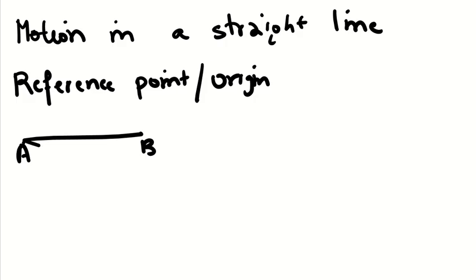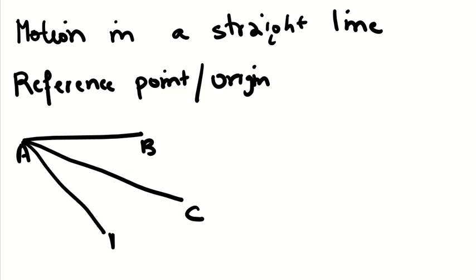For example, suppose this is point C, this is point D. So if I say this is 10, this is 20, and this is again, I guess, 8, here all these measurements are with reference to a single point, this point A. So this point A is known as a reference point or the origin. So origin is the point with which every distance or every measurement is made in physics.